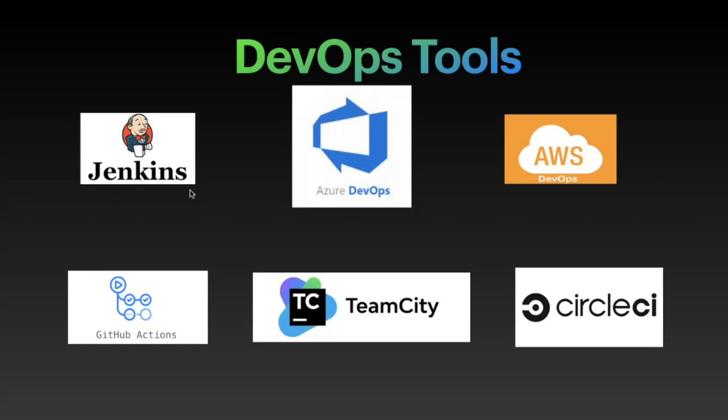Jenkins is self-hosted, where we can install it on a server and run it. TeamCity and CircleCI are also provided by their respective software providers. But most people are using these first four: Jenkins, Azure DevOps, AWS DevOps, and GitHub Actions.